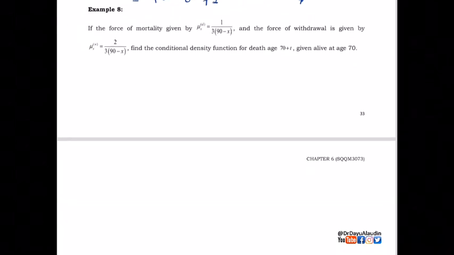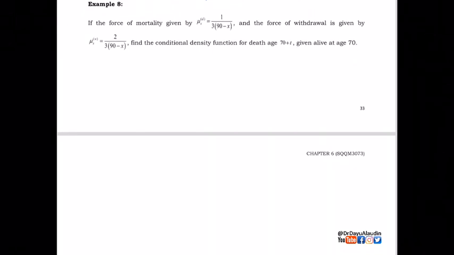Okay, now we look at example 8. If the force of mortality given by mu x for death is this function, and mu x for withdrawal is this one, find the conditional density function for death at age 70 plus t given alive at age 70. So how to transform it?